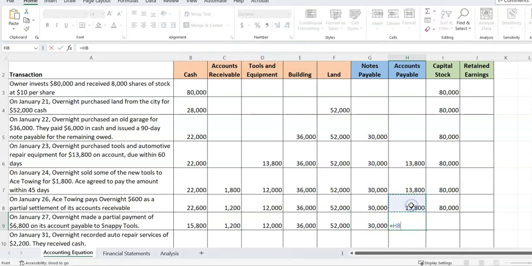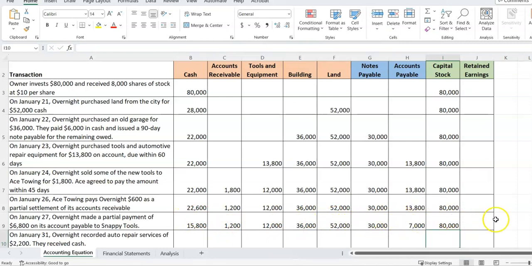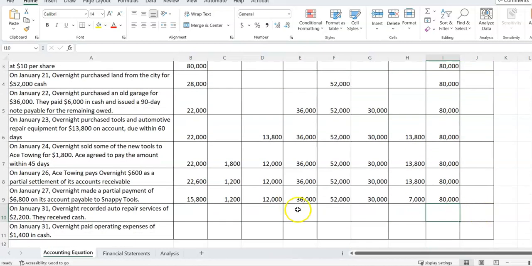So we paid $6,800 of this, so we owe less money now. Okay, and if we took the time to add the assets equals liabilities plus equity, our accounting equation would still balance.